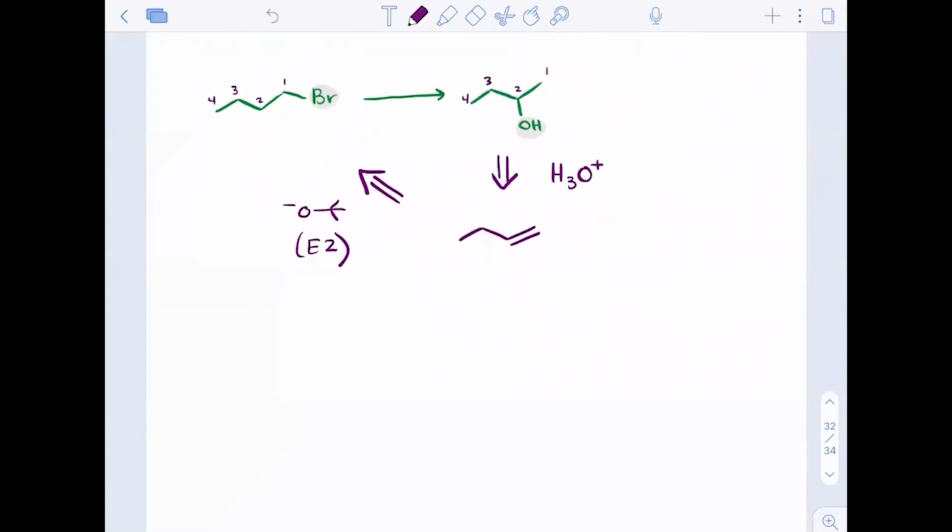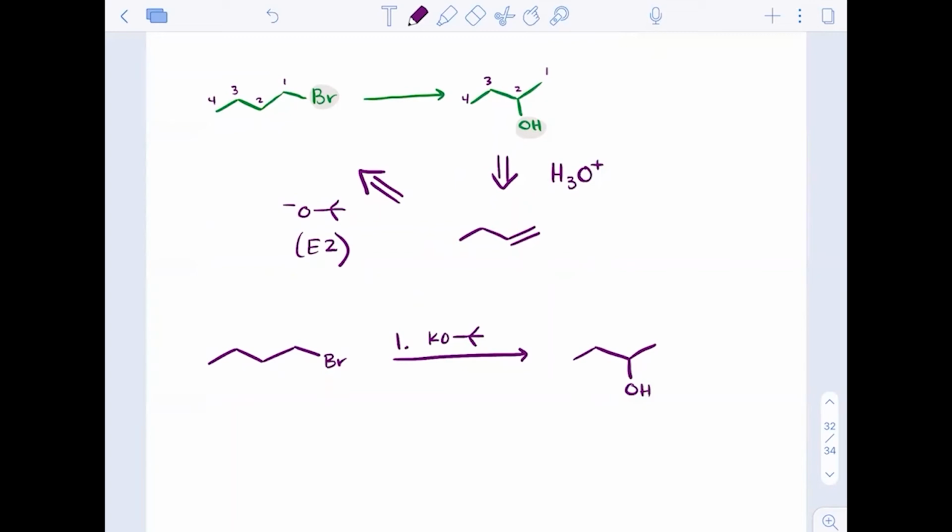Now to go forward, how do I actually take this primary alkyl halide and transform it to that secondary alcohol? Step number one, let's throw in a big bulky base. You can use H minus, right? Hydride is a great E2 reagent. You could use DBN, DBU, anything that was valid to make E2 the major product here.